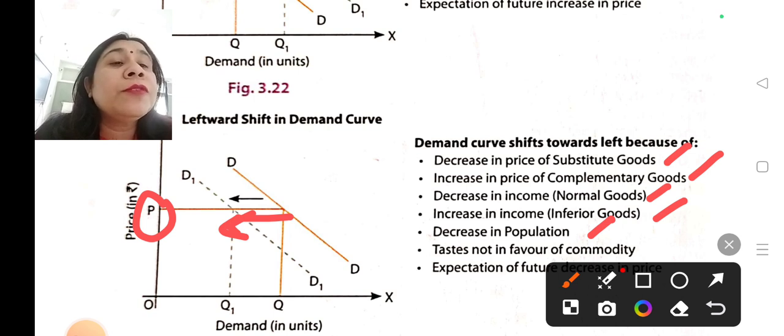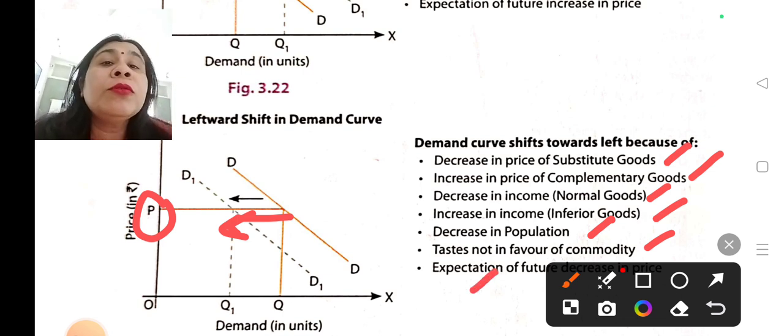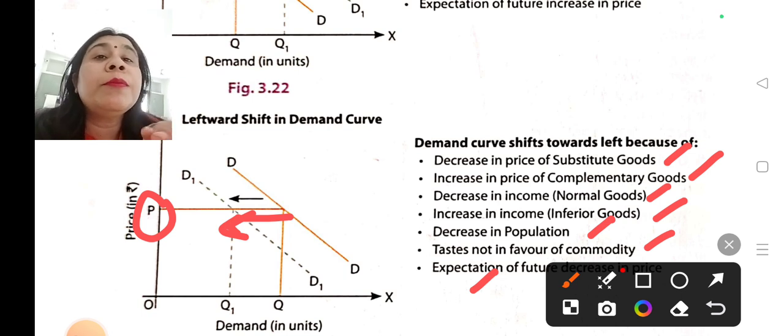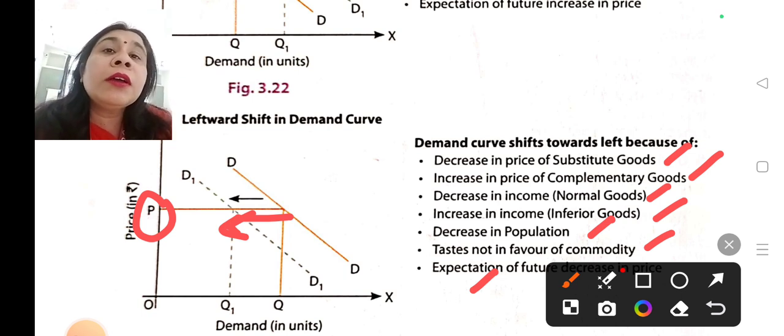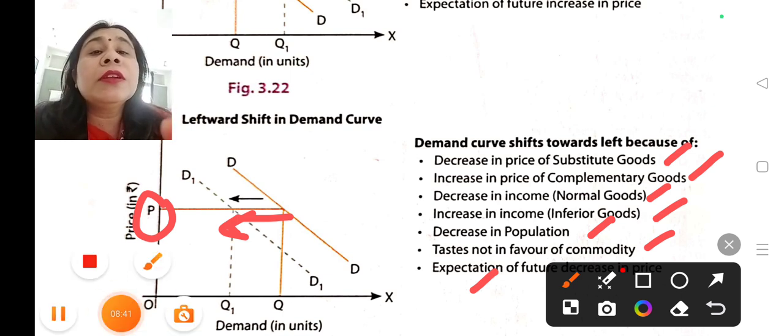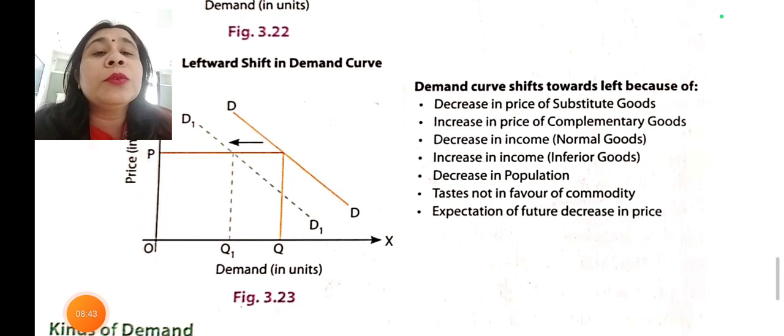Taste and preferences of the consumer not being favorable for the commodity, again the demand curve will shift leftward. And future expectation leading to a leftward shift of the demand curve. This shows that even if the price remains same and the other factors become active, demand curves will shift leftward or rightward.